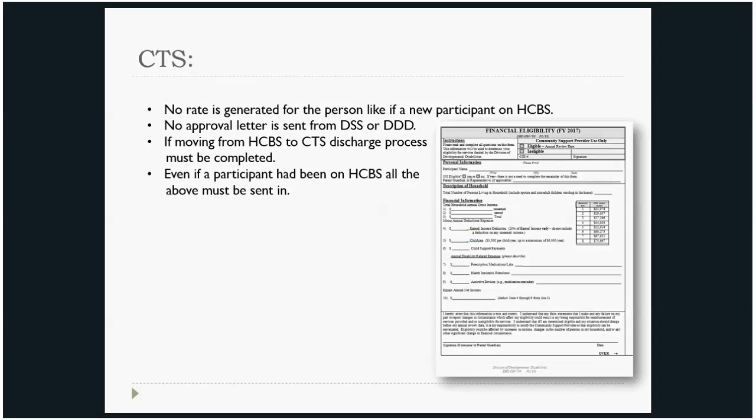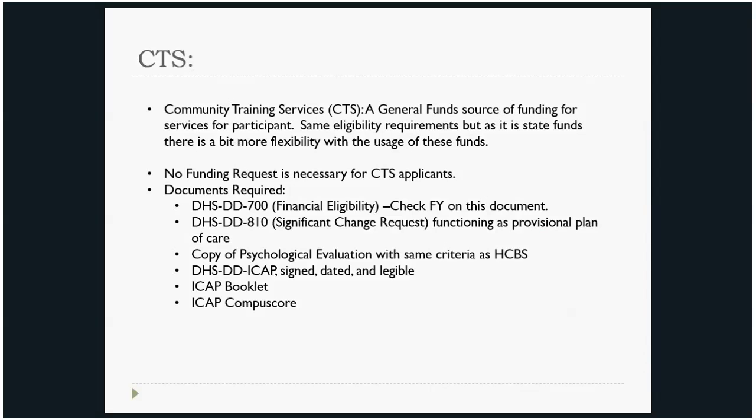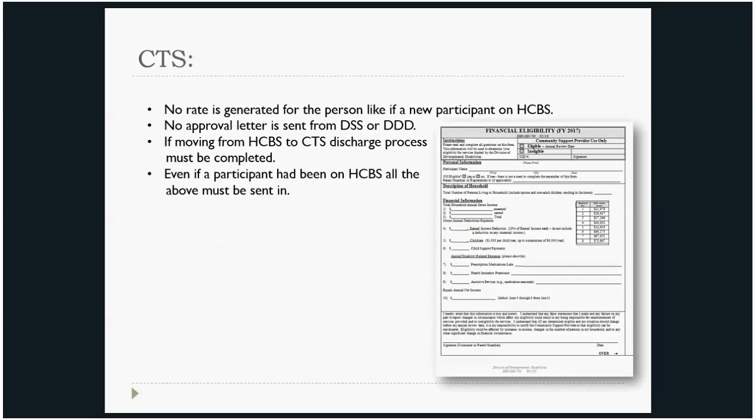So if a person's moving from HCBS to CTS, a discharge must occur to end HCBS services. And even if a person has been on HCBS and might be moving to CTS for whatever reason, you'll still need to send the information listed on the last slide to make sure that they are eligible for services and just so we have clean records.